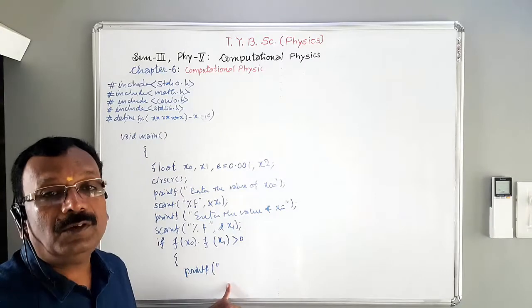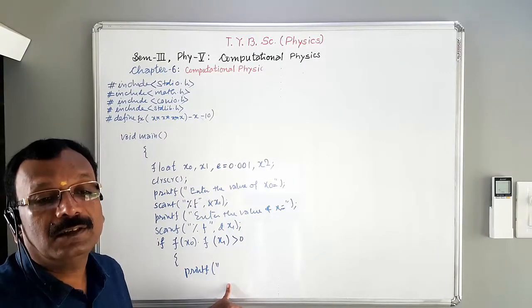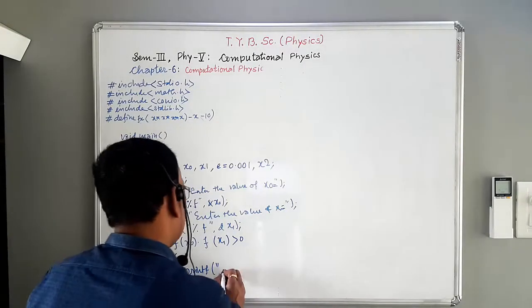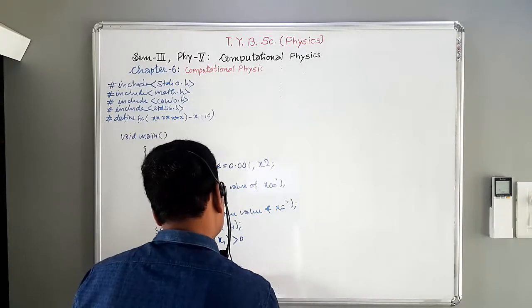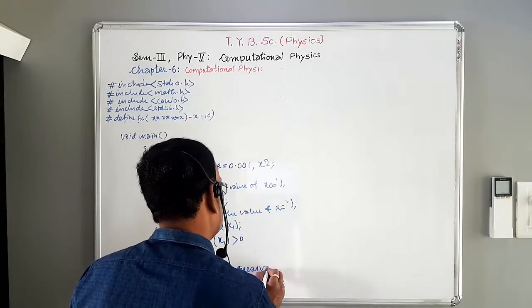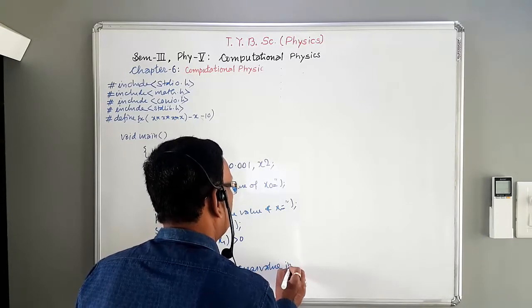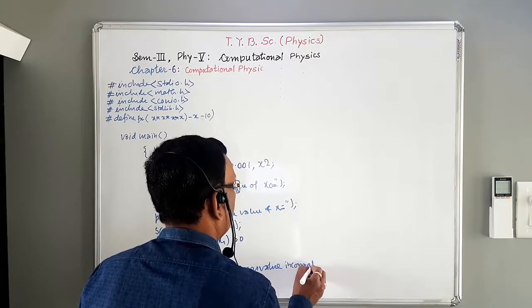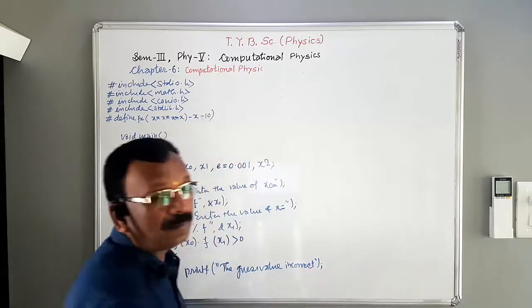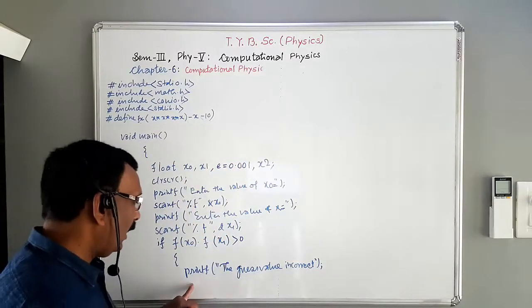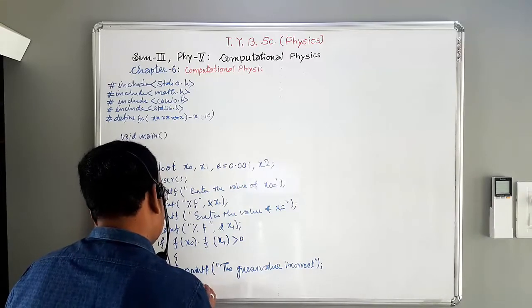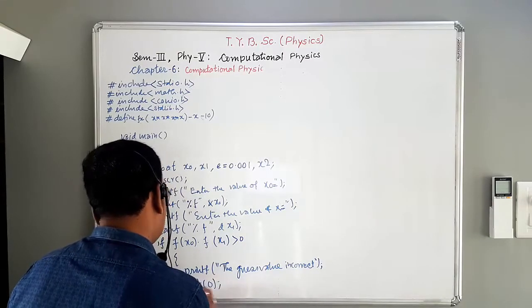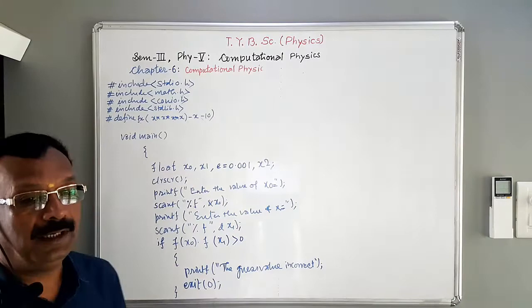Here we have to guess, for that purpose printf the guess value incorrect. And if the value is incorrect, then the function should exit. In this way the body is completed.